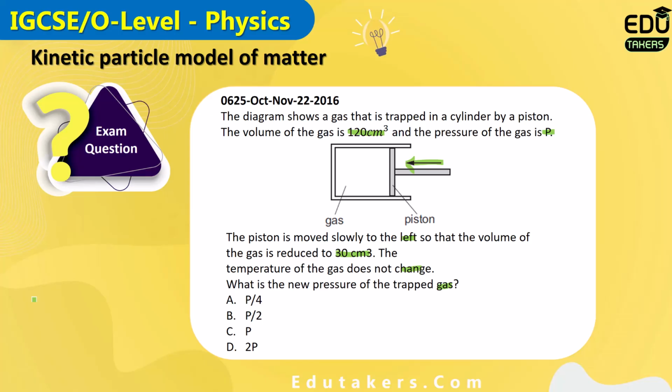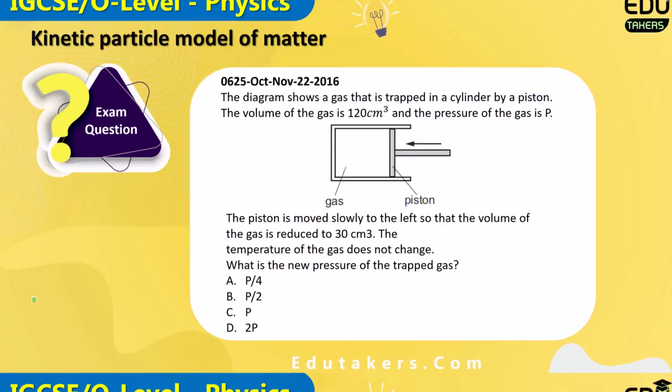The initial pressure of the gas is P. What would be the new pressure of the gas when the volume becomes 30 cubic centimeters from 120 cubic centimeters? So this question is relating the pressure with the volume at constant temperature. It means that here you need to use Boyle's law. Let's see the answer and explanation.